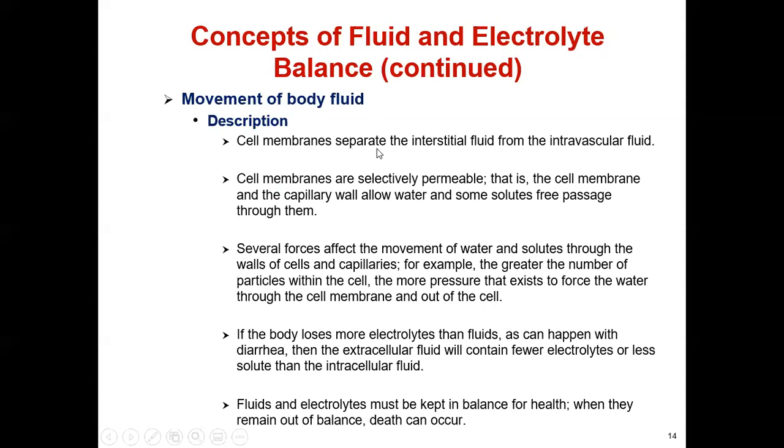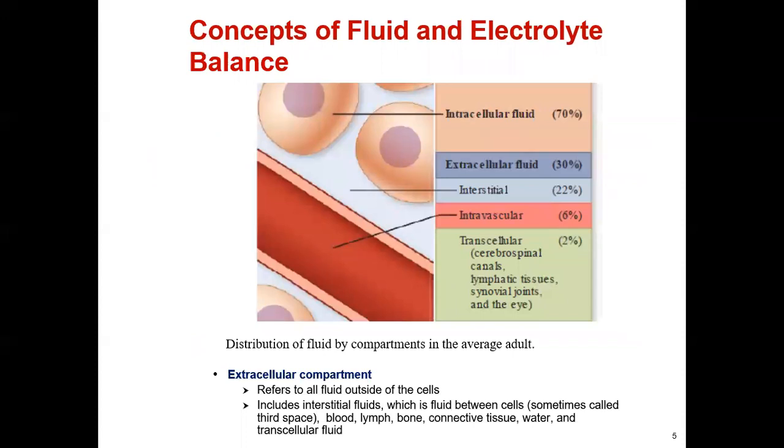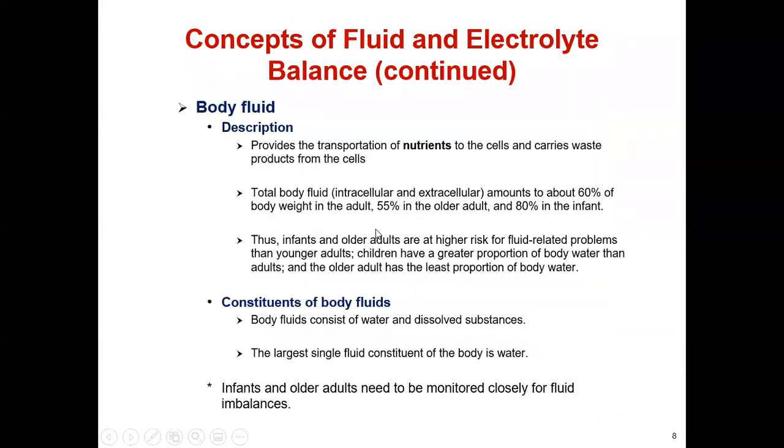The cell membrane separates interstitial fluid from extravascular fluid. In this picture, this is intravascular and this is extravascular, and the cell membrane separates them. This is the permeable membrane.